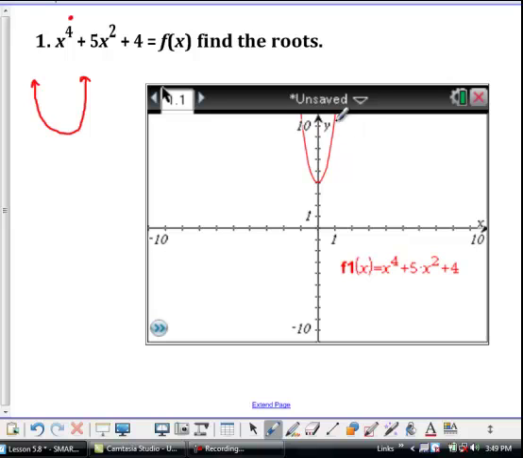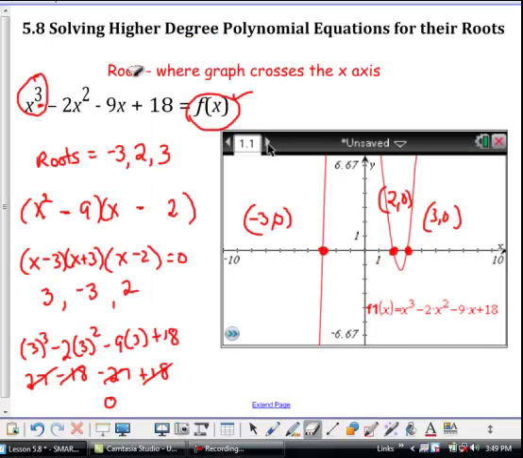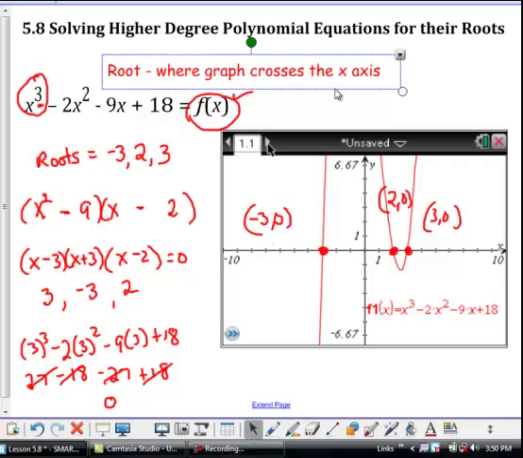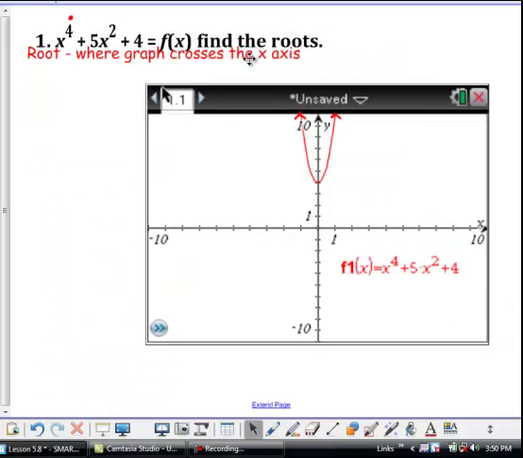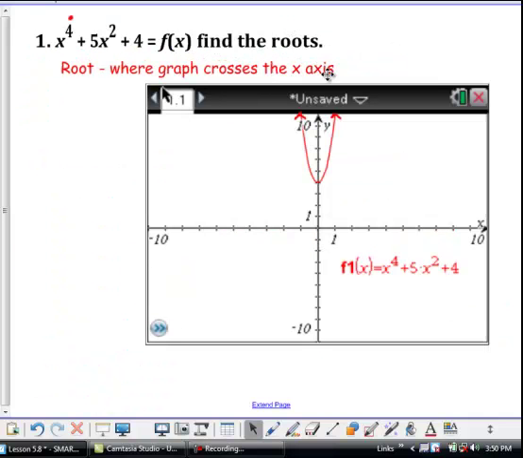And we can see that right here. This is both up. But if we take our definition from the other page, roots are where the graph crosses the x-axis, and we look at this picture right here, this graph is not crossing the x-axis, so that means the roots are imaginary.